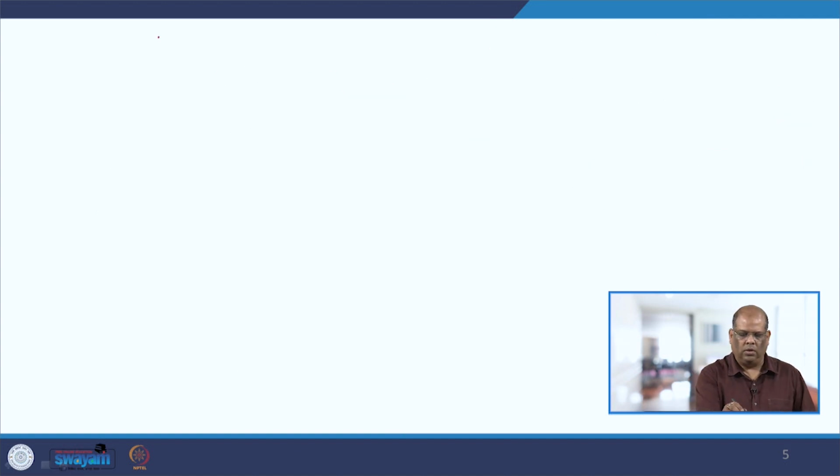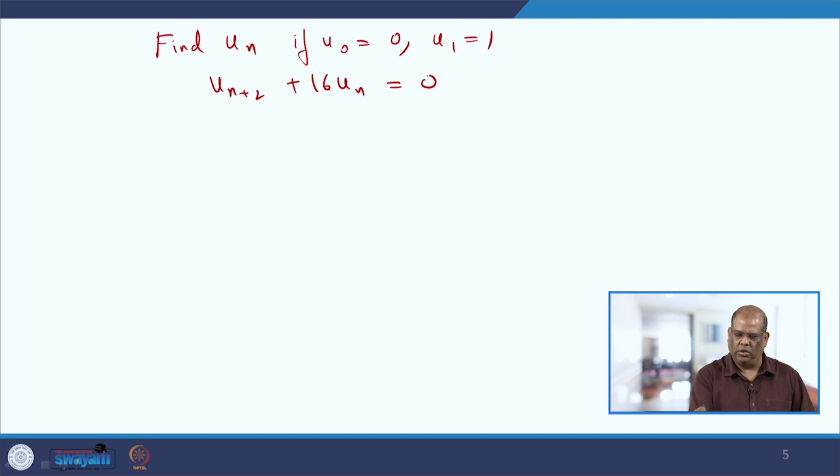So suppose you were asked to find un, if your u0 is equal to 0, your u1 equal to 1 and your equation is un plus 2 plus 16 un equal to 0.